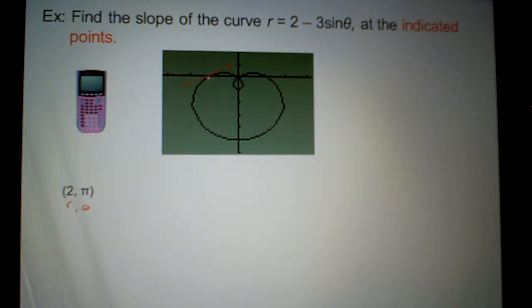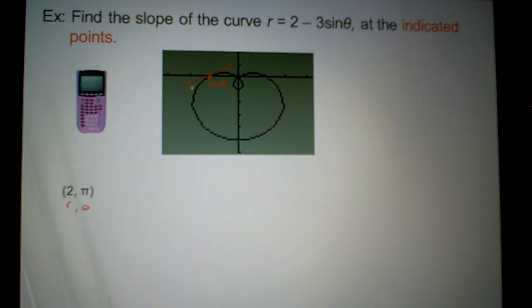And here's the point, x comma y, -2, 0. That's rectangular coordinates, but this is the polar coordinate, same place, radius of 2 and theta of pi. That's where I landed, and I want to find the slope of the curve.